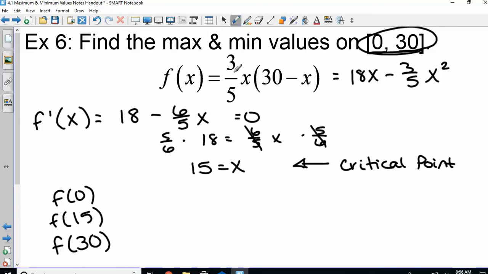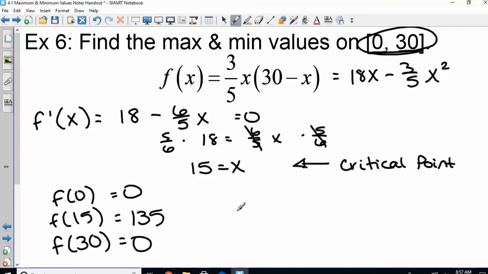If I put in a 0, 3/5 times 0 is 0, times anything would be a 0. If I plug in a 15, 3/5 times 15 is 9, times 15, 135, is that right? If I put in a 30, that parenthesis is 0, so the whole thing is 0.